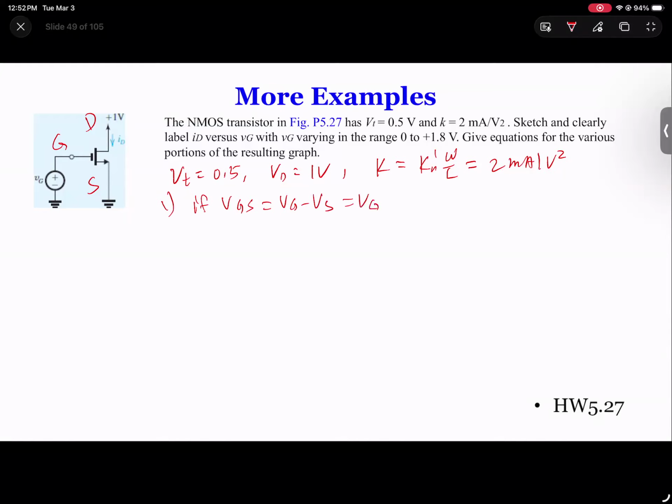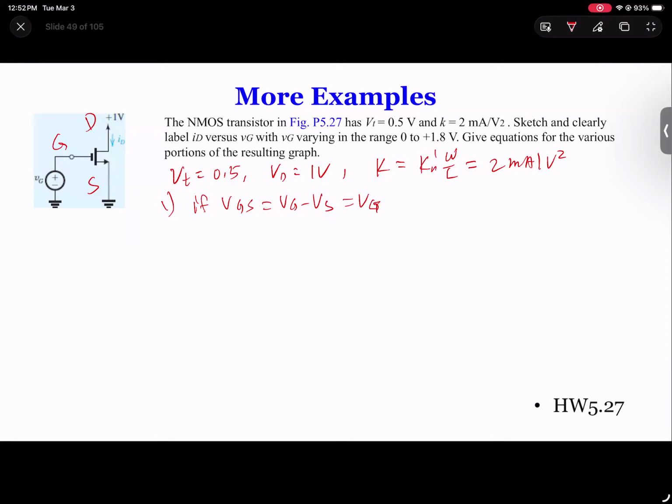Yes, because VS is grounded, that's the same as VG, right? So again, when you guys do your problem, when you sometimes get confused, just do what I do, just write down VG. I mean, of course, once you get advanced, you don't have to write these more detailed steps.